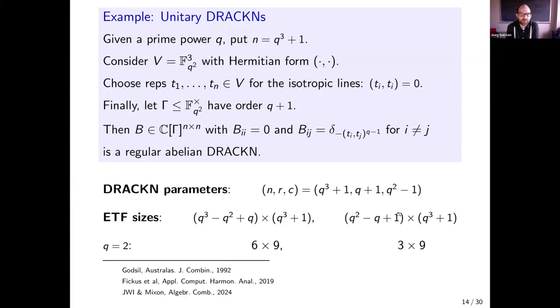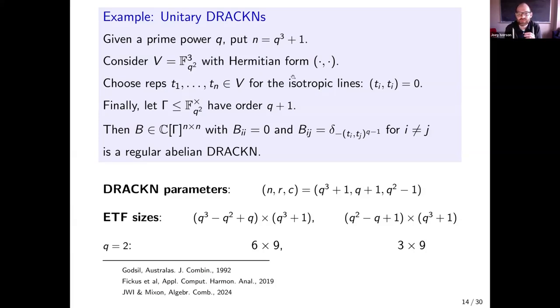Okay, now there's another cool example from classical geometry that I'll just mention. So if you're given a prime power q, it could be even or odd, then n will be, it turns out, q cubed plus 1. I'll think about three-dimensional space over Fq squared, and I give that a Hermitian form that I just indicate with these parentheses. And then something weird about geometry over finite fields is you can have isotropic lines.